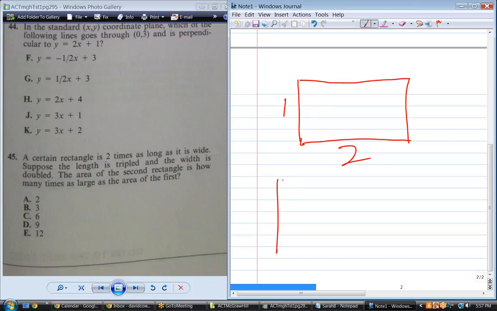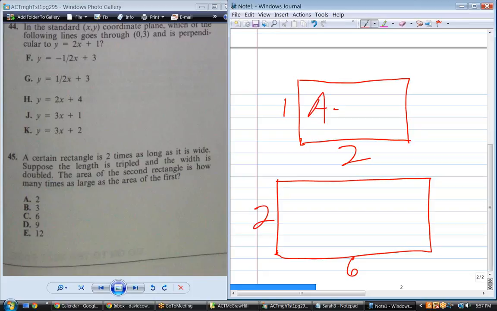And then the length is tripled, so that would be 6. And then the width would be 2.